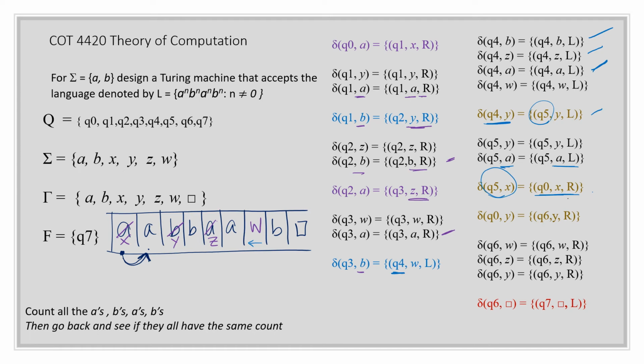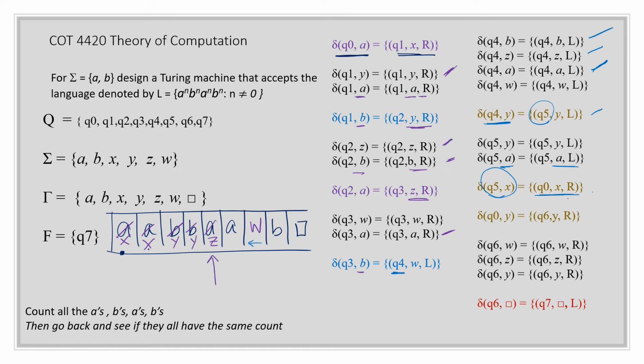So now that we found that this is the next A, we are in Q0, we have an A, we're going to change it to an X and move right. So we change this to an X, we move right. Then we move past this Y. Now we have a B, we change it to a Y, we move right.